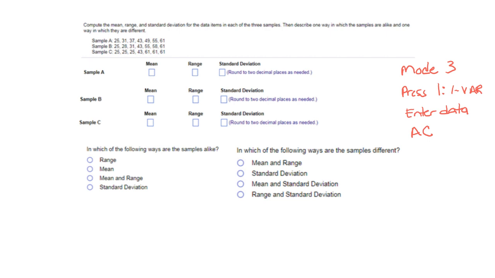All right, so now we created our calculator to save our data set. Next, we're going to do Shift. This will default you to the home screen. Shift and number 1. Then you're going to press number 4.